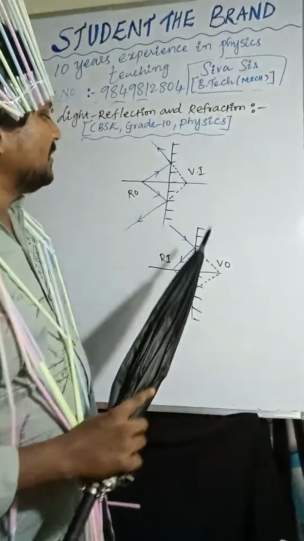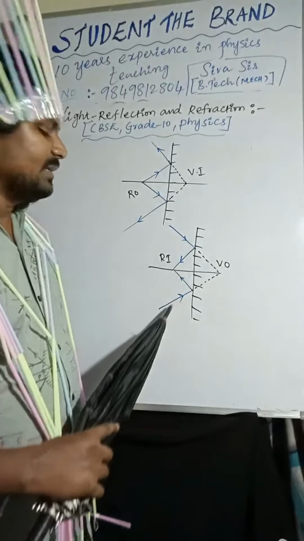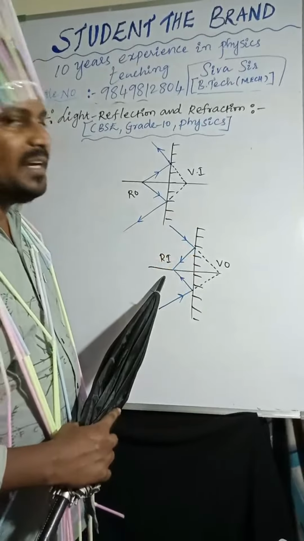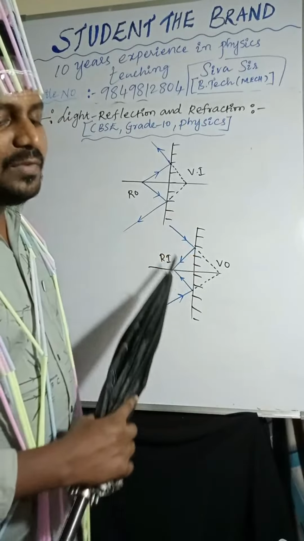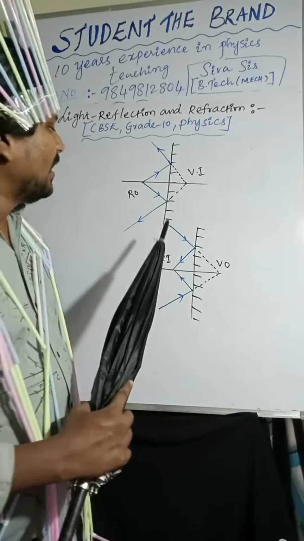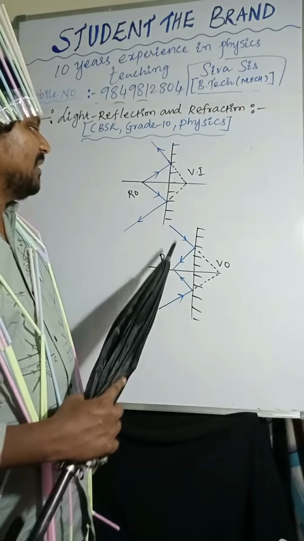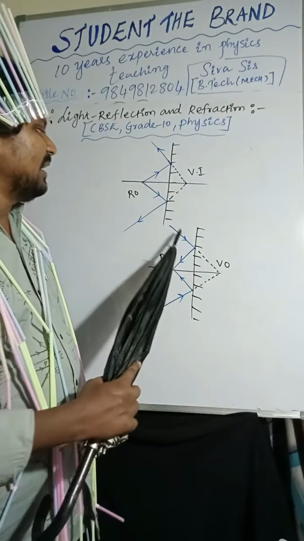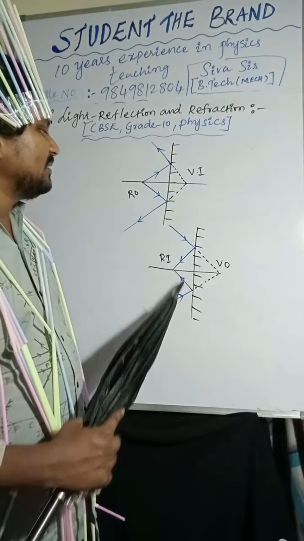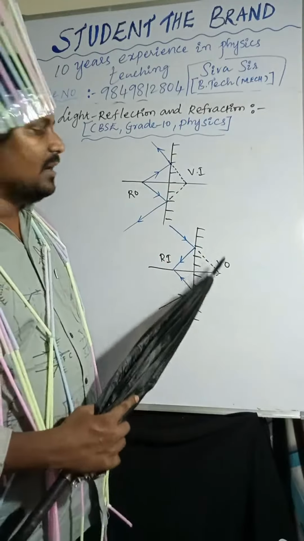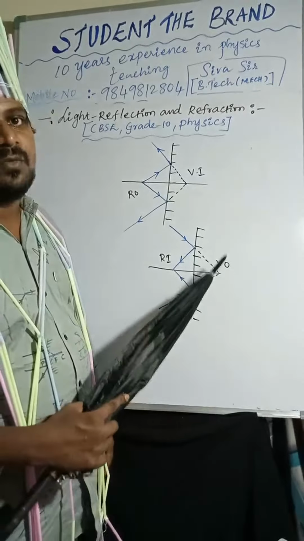That is a virtual image. Here, the incident light rays after reflection meet at one point, and that image is a real image. If we extend the incident light rays, they meet at one point. That is a virtual object.